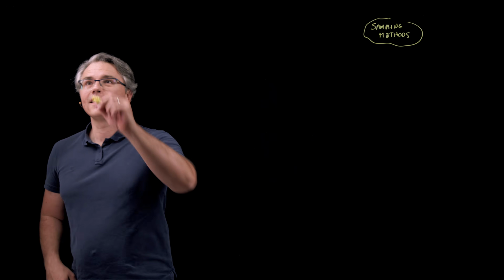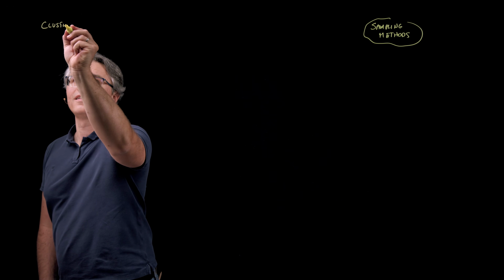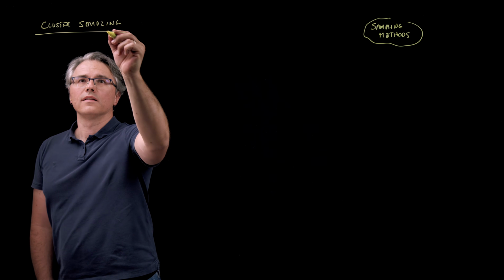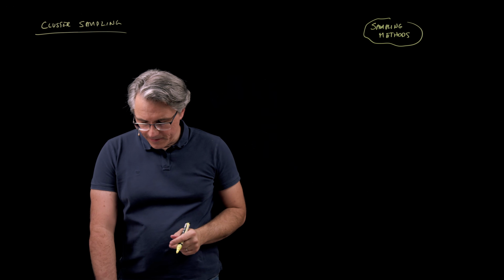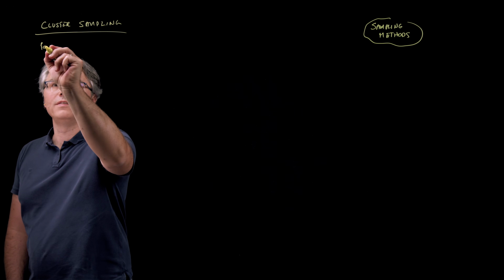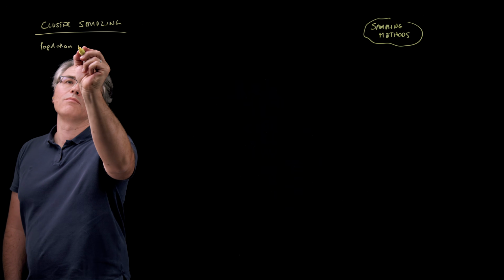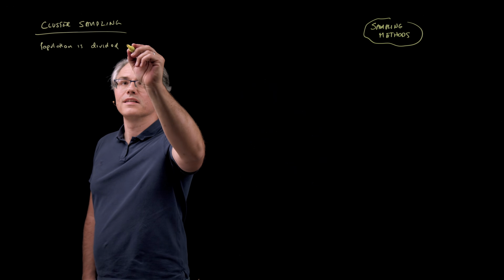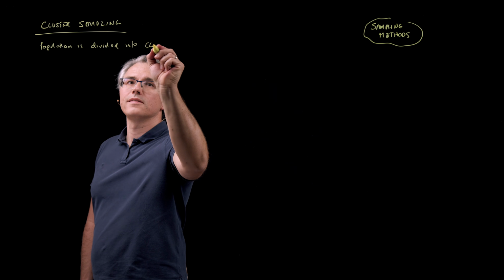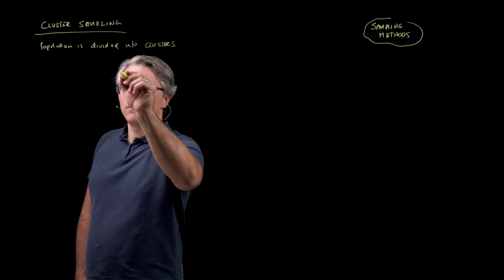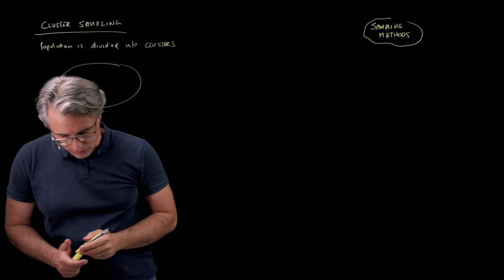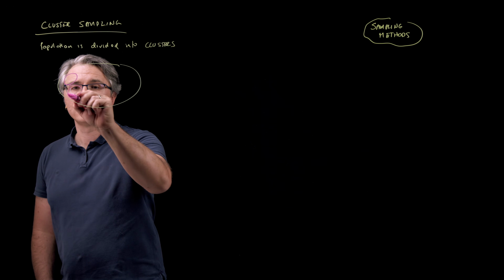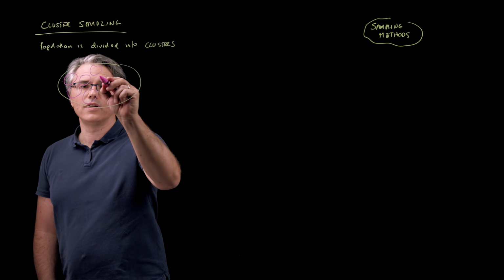The third method is cluster sampling. Here we're going to be dividing the population. Population is divided not into strata, but into clusters. So if that's the overall population, clusters are going to be subsets of that population.